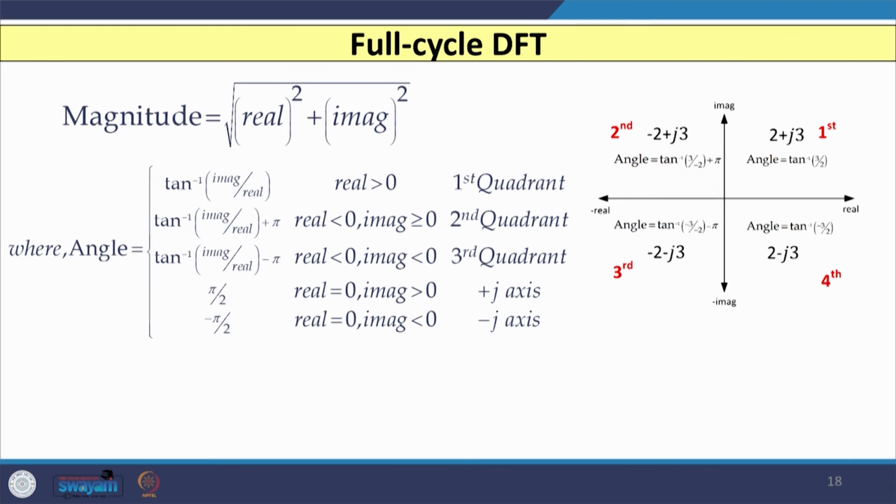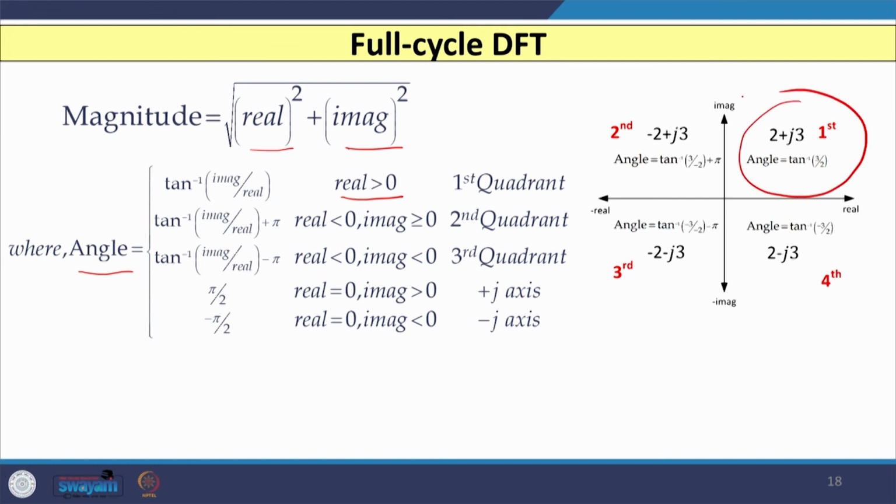Now, one very important point is, whenever we have magnitude, it is given by the square root of real square plus imaginary square, and whenever we have angle, the angle is given by the equation tan inverse of imaginary part divided by real part. Here, when the real part is greater than 0, your angle will be in the first quadrant.